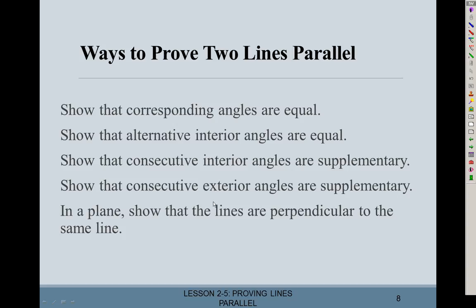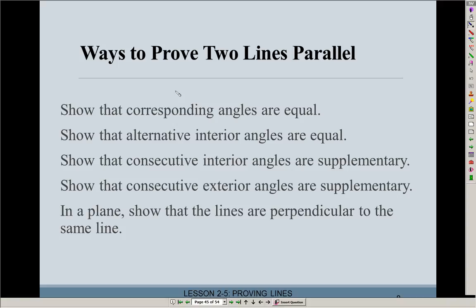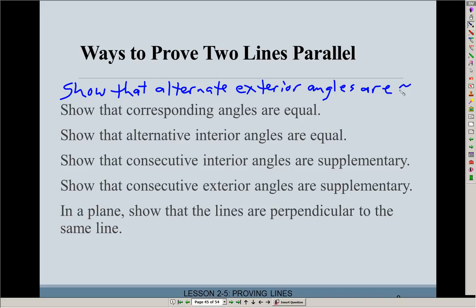If the two lines are perpendicular to the same line, then they're parallel. And one more, we can show that alternate exterior angles are congruent.